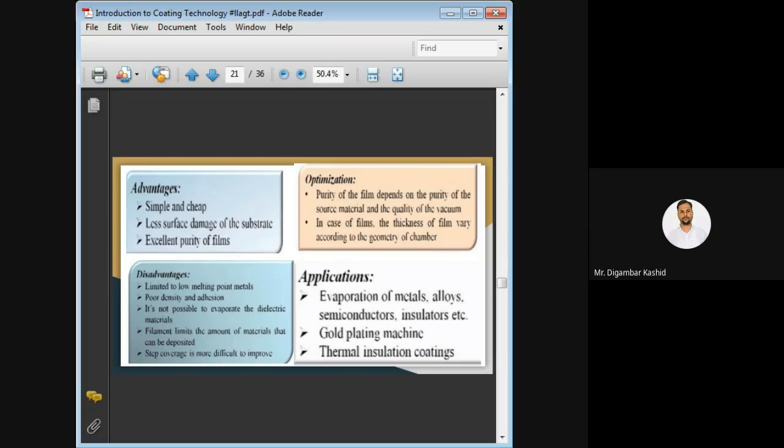Directly gas is not coming onto the substrate, but we have to convert into the vapor form first, and then we have to direct it onto the substrate. So it depends upon the surface chemistry of that particular target material.